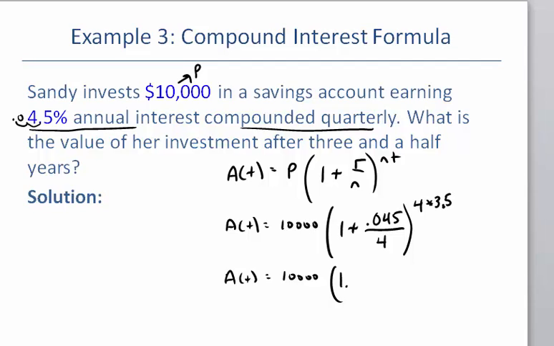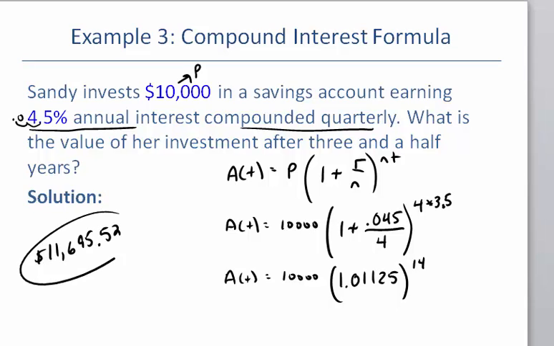That would give you 1.01125. And if you're doing that, just please be careful with your rounding. You want to carry that decimal as many places as possible. And then typing the remainder of the problem in your calculator, you will end up with a final answer of $11,695.52.